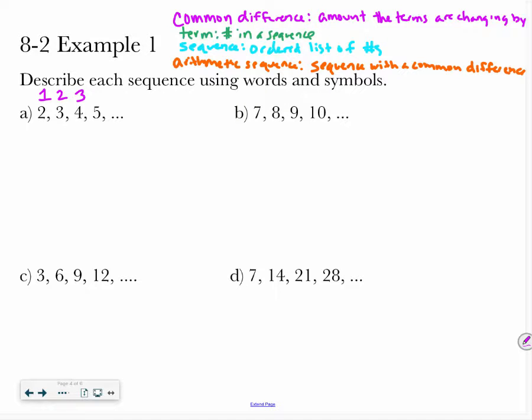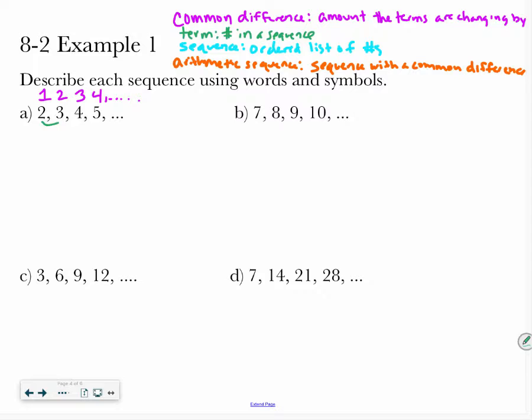My third term is 4. My fourth term is 5, and so on. If I want to describe each sequence using words and symbols, one of the first things I have to identify is the common difference. So I want to know how much my terms are changing by each time.